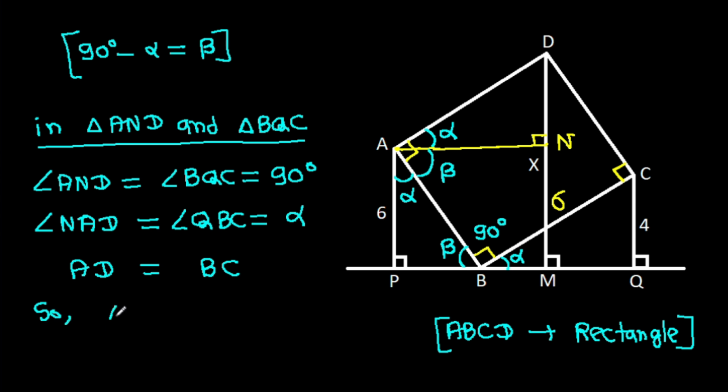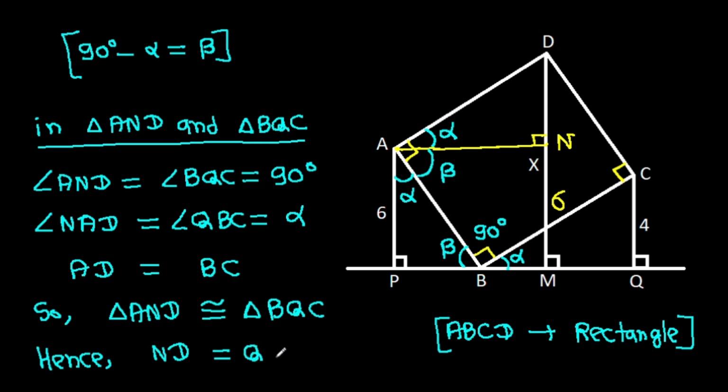So triangle AND will be congruent to triangle BQC. Hence ND will be equal to QC, and QC is 4. So ND will also be 4.